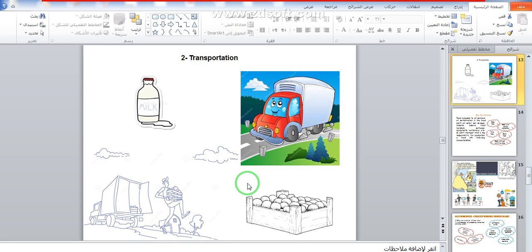So don't forget the permanent source of contamination related to trucks during the second stage of transportation.